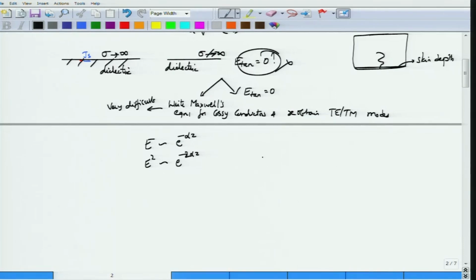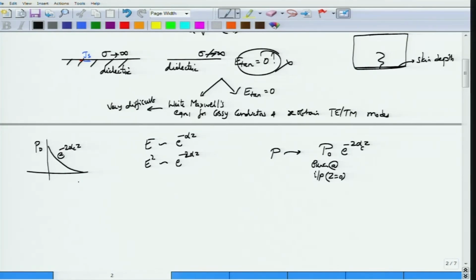Now if you were to launch some power into the waveguide, that power would decay as P0, the power at input, that is at z equal to 0, times e to the power minus 2 alpha z. This alpha of the conducting walls we will label as alpha c. So you launch a certain power and it would go as e to the power minus 2 alpha c z from the starting value of P0 along the z direction.